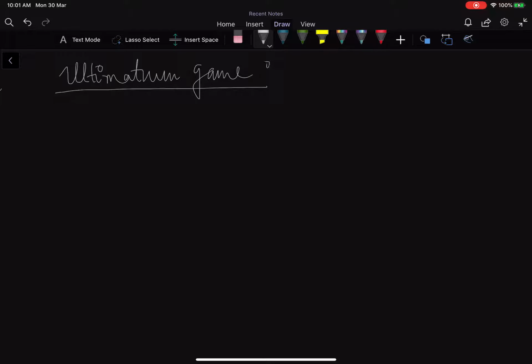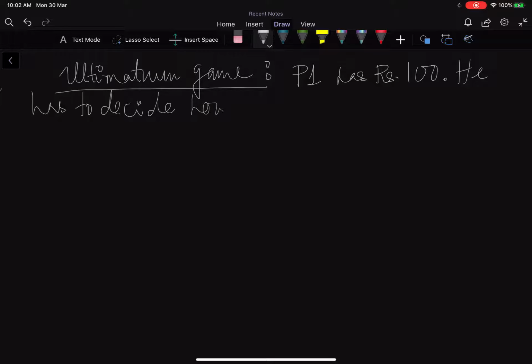and the first player decides. So player 1 has rupees 100, suppose he is given rupees 100, and he has to decide how to share it with another player.